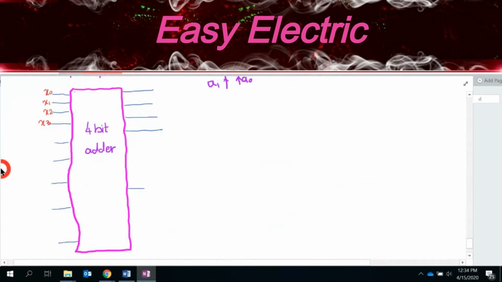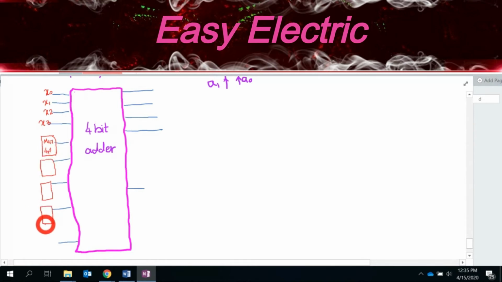So here I put 1 mux for each of these 4. This is for one of them. This is the second one. This is the third one. This is the fourth one. So this is a mux, and it is 4 by 1, right?